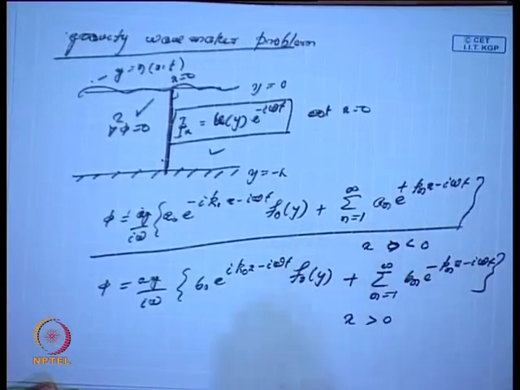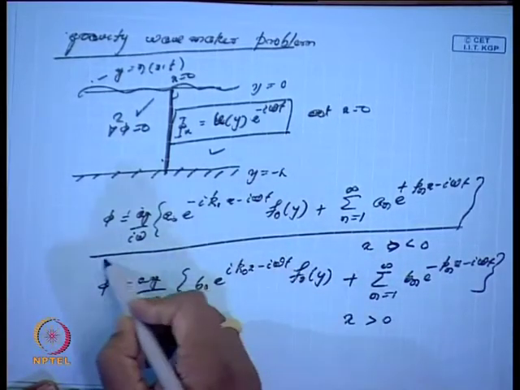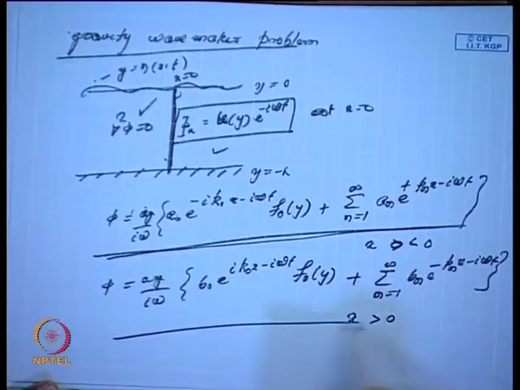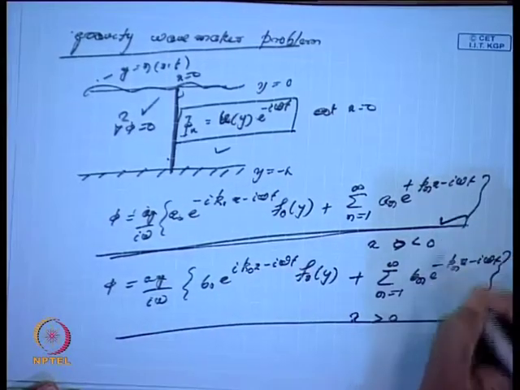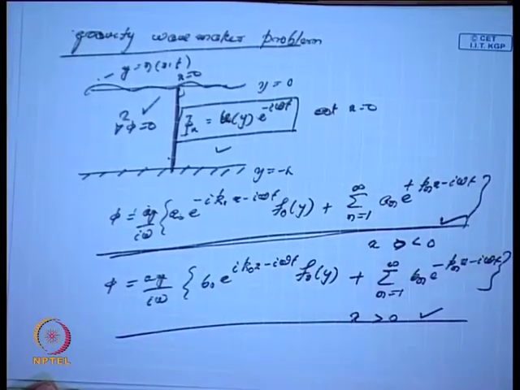This is for x greater than 0. So, this will be the nature of phi for x less than 0, and this will be the nature of phi for x greater than 0.